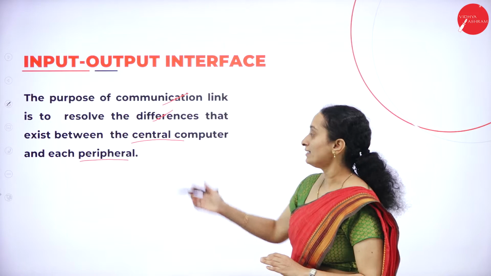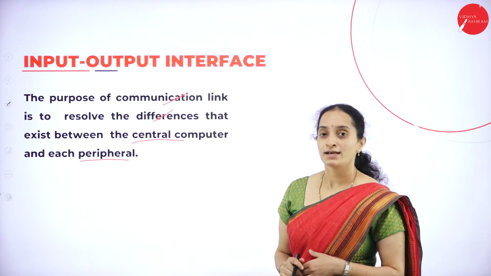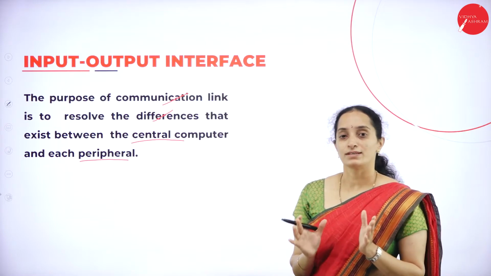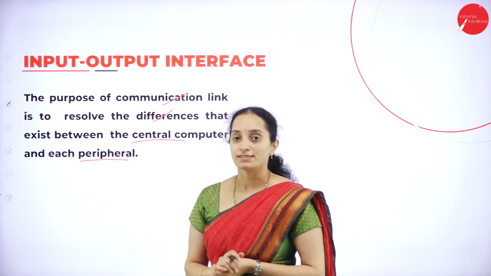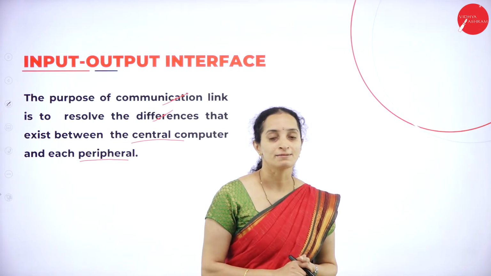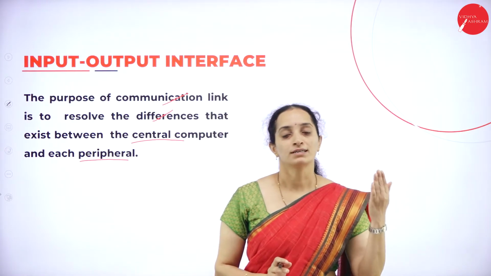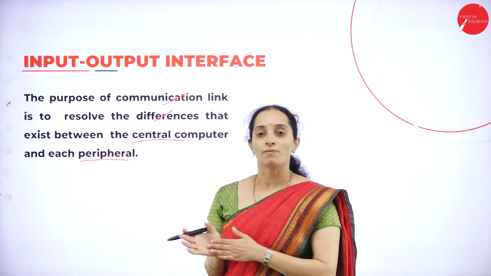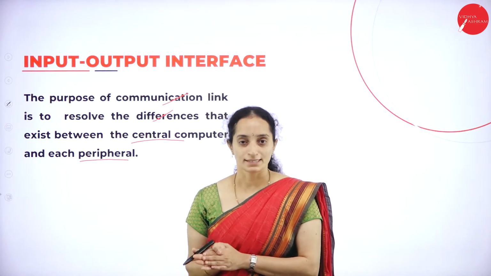So you need a communication link which acts as a translator. So the I/O interface acts as a translator. How it is going to act as a translator is, it is going to convert the format that is in I/O devices to the format which is understood by the CPU.